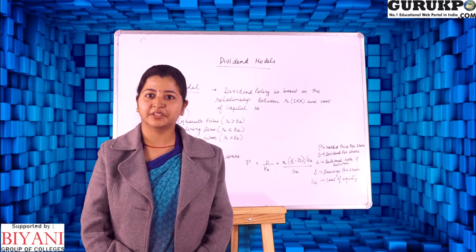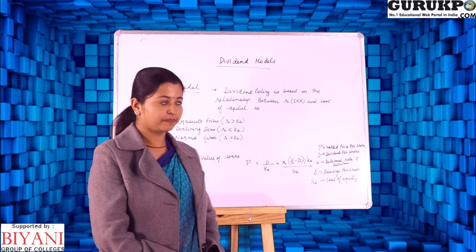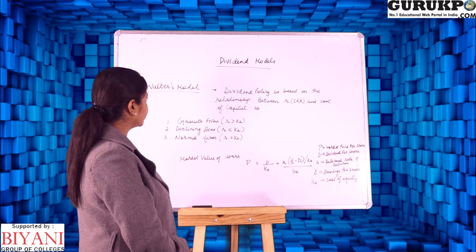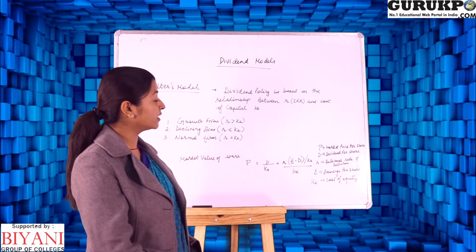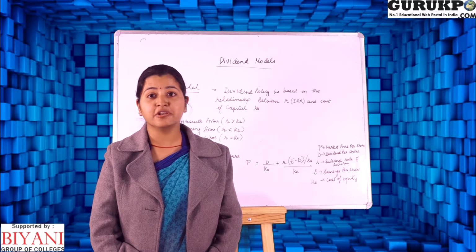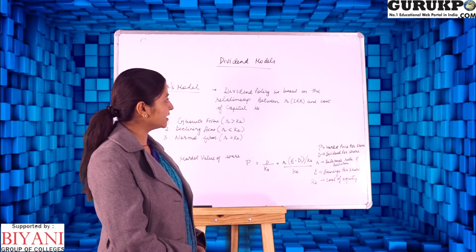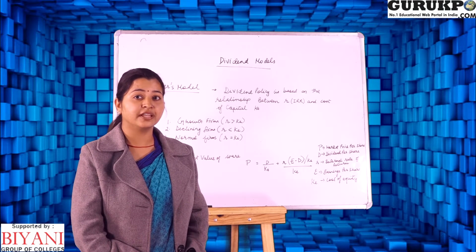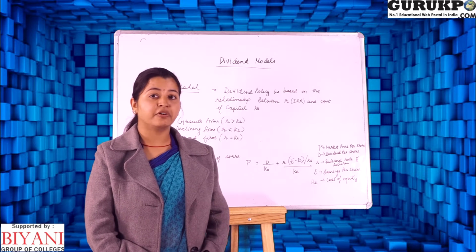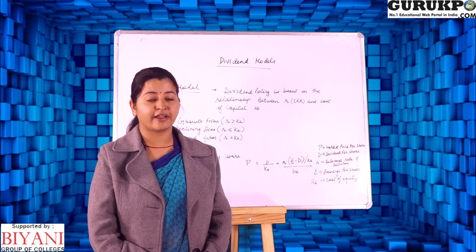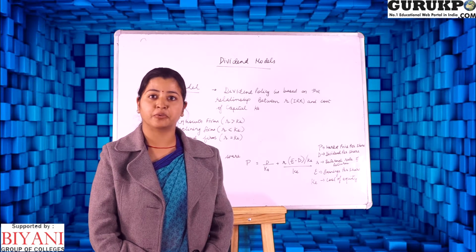Now, let us start with the first model, Walter's model of dividend policy. Walter suggested that dividend policy is based on the relationship between internal rate of return and cost of equity. If the internal rate of return is more than the cost of equity, the firm should retain its entire profit and pay zero dividend to the shareholders.